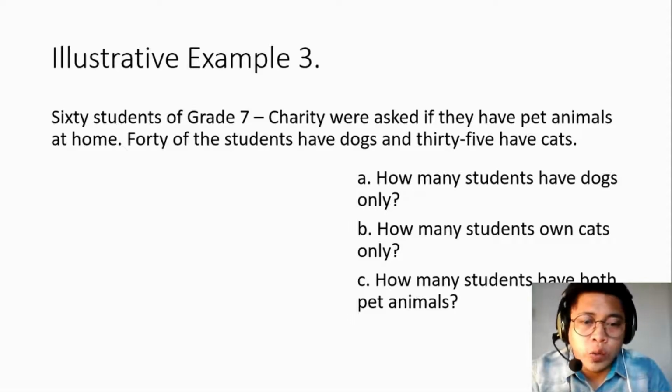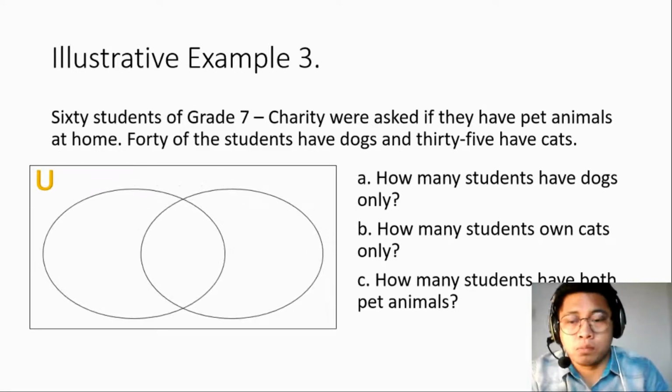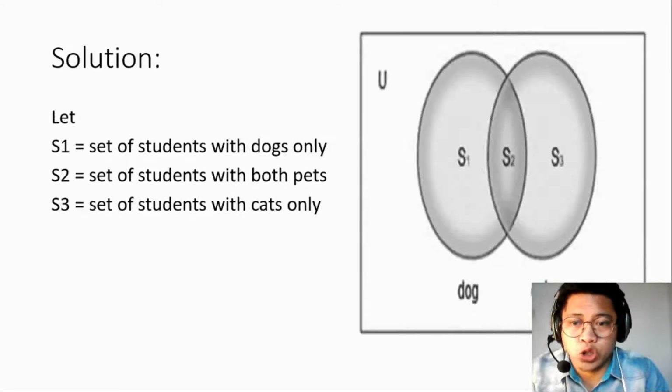To answer the following questions, please be guided by this Venn diagram. So, of course, we have the universal set. Under the universal set, we have two intersecting circles that represents the number of students who have dogs and who own cats or who have both pet animals. Okay, solution. Set 1 is the set of students with dogs only.